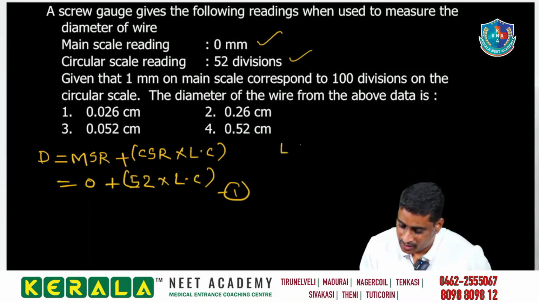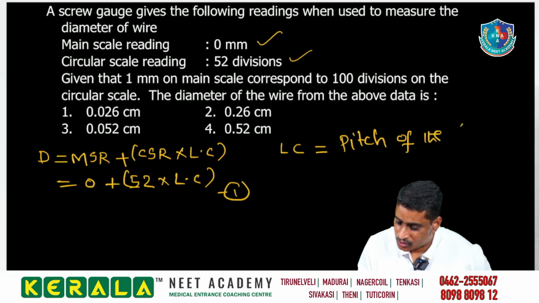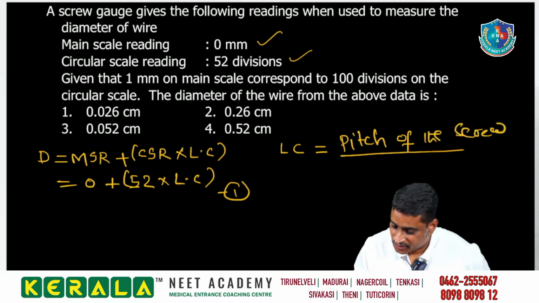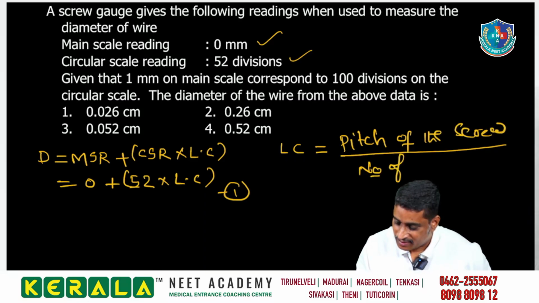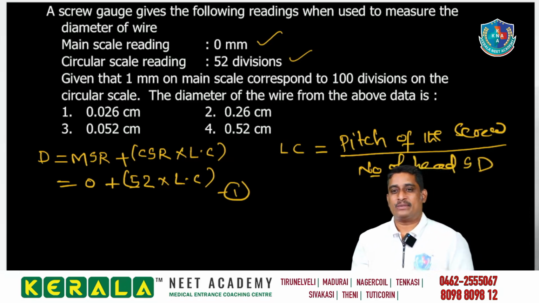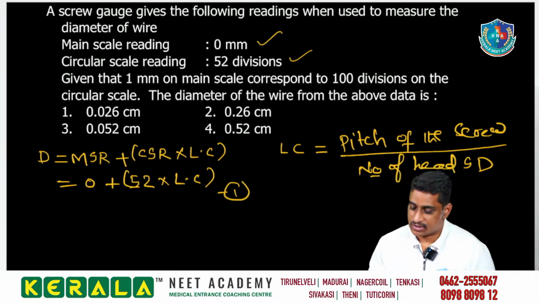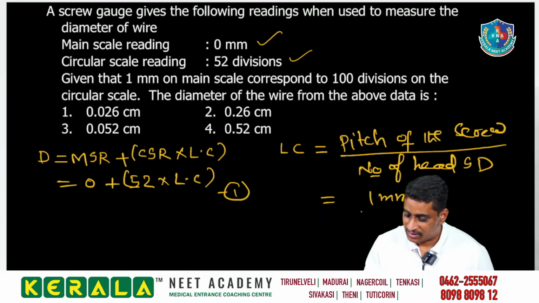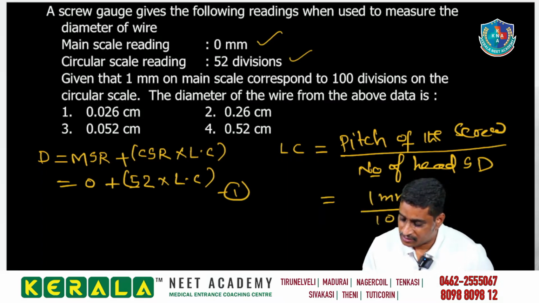In case of the screw gauge, least count will be given by pitch of the screw divided by number of head scale divisions. So pitch of the screw is nothing but 1 millimeter divided by number of head scale divisions they have given as 100.